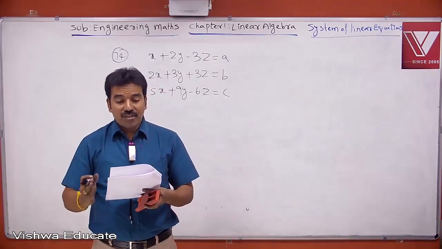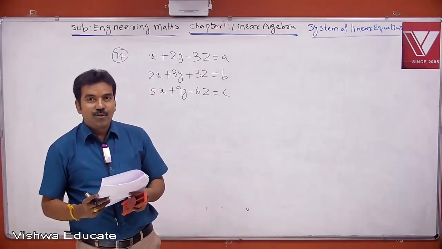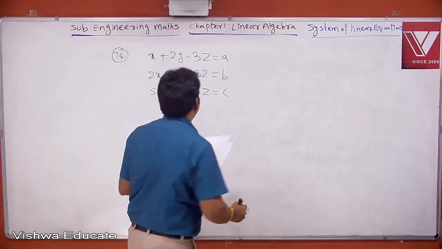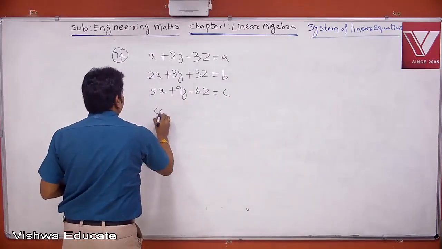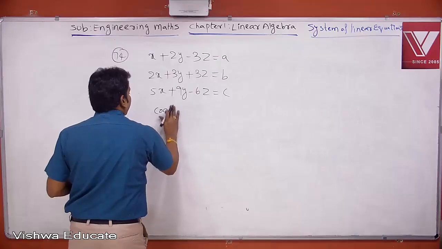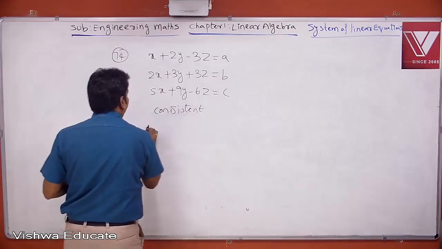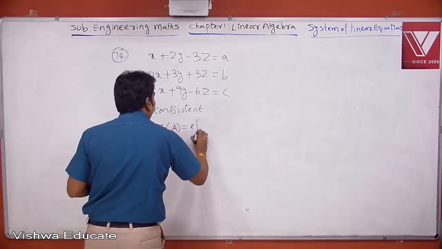See, all options are given in terms of a, b, c. So consistent means rank of A equal to rank of augmented matrix. Since it is given that this system is consistent, rank of A must be equal to rank of augmented matrix.